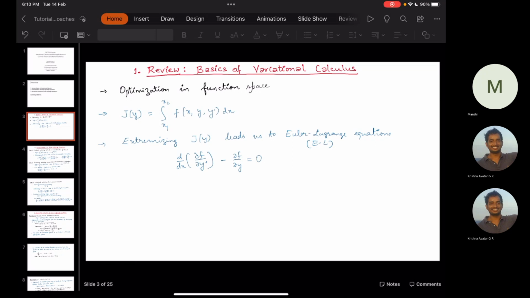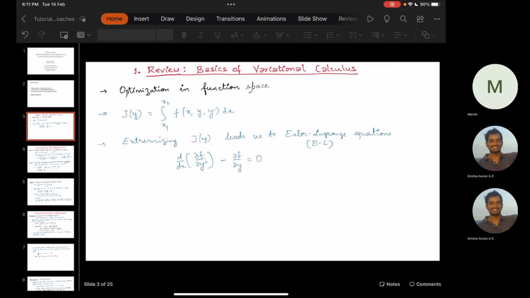In this, the extremum of the functional is unlike the usual optimization. Here we actually solve for a function which tends to minimize or maximize some cost function, or what we call in here a functional.